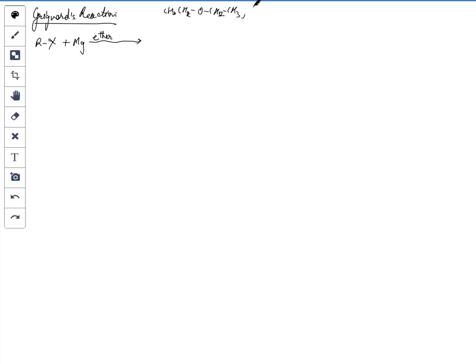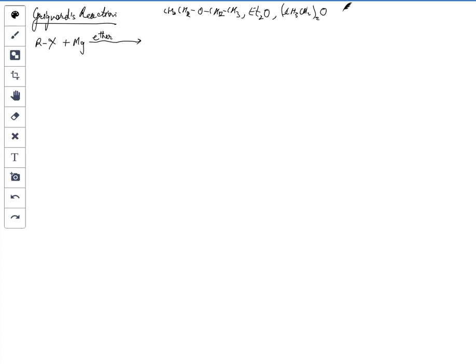It can be written as Et2O also, and it could also be written as (CH3CH2)2O. I'm writing these formulas because I don't know what form they are going to write it in the exam. They can write it any way, and then you might get confused. Or they can simply write ether here.